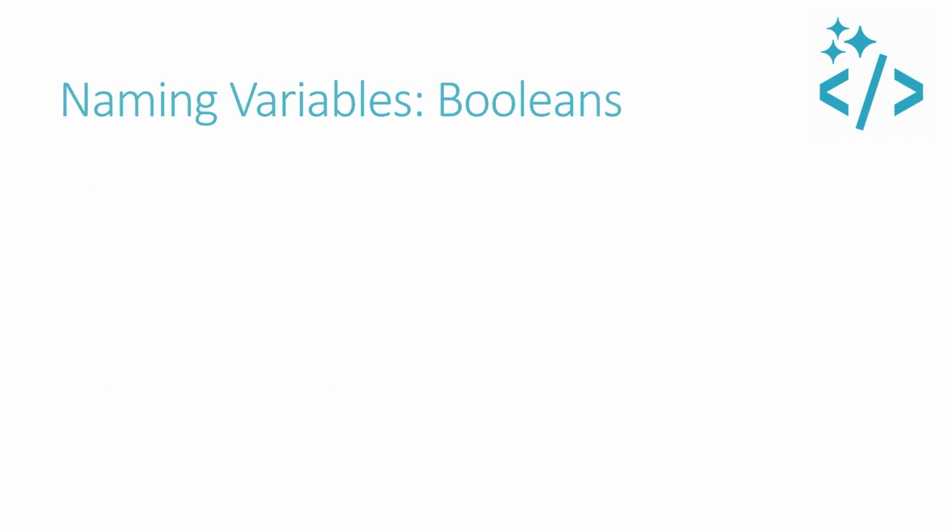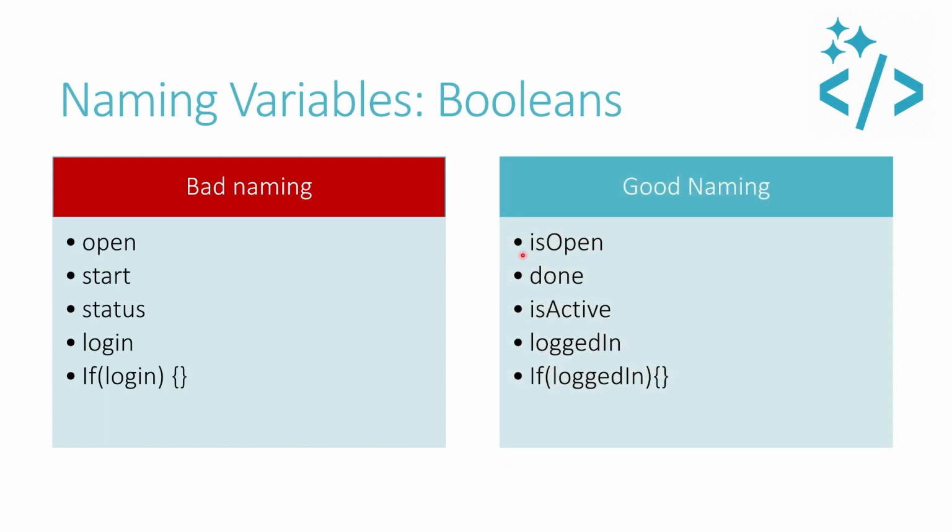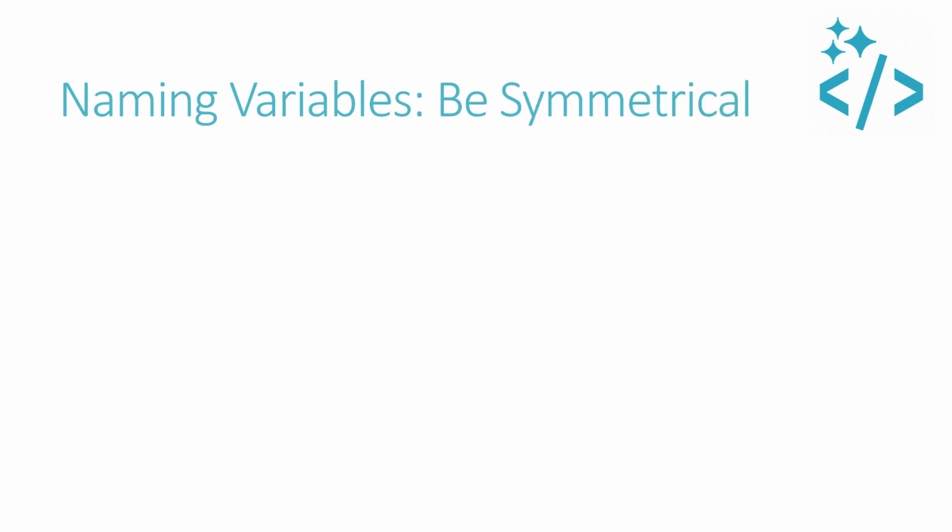Naming variables, so booleans. Let's see how booleans can be named in the case of flags. For boolean values, we have this open, which is not so good, start, status. It should be something which is true or false. So here we see some better names. isOpen is a true indicator that tells us this is either true or false. isDone, isActive, loggedIn, and you see also when you check it, it feels more natural. Names should also be symmetrical.